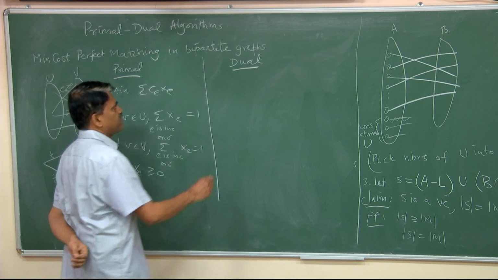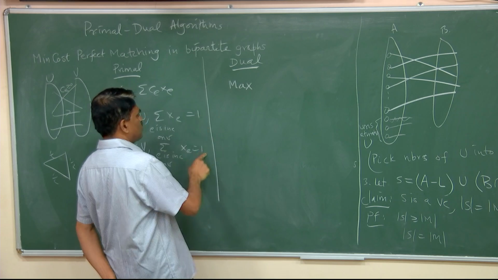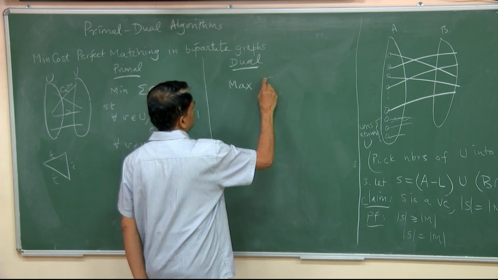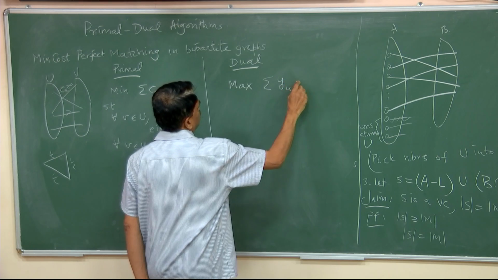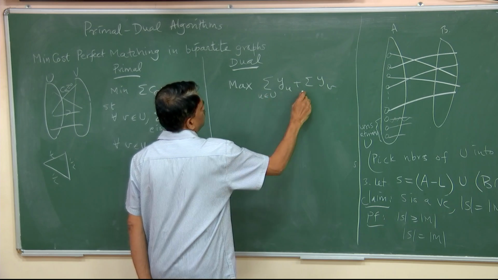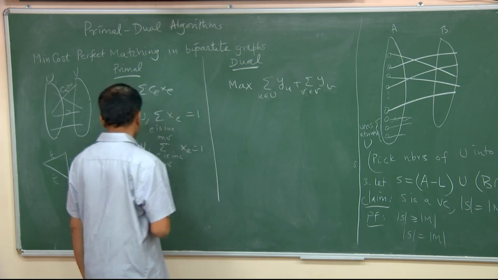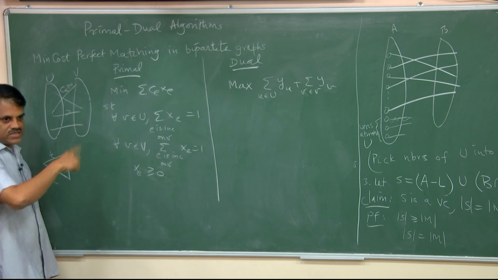So we want to maximize, and the constraint right hand side is all 1. So it's summation y_u plus summation y_v, where u is in U and v is in V. Constraints are for edges.